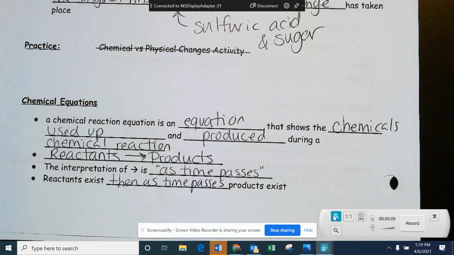Often that's not the case, and it actually takes quite a bit for the products to be produced. Sometimes you have to add a lot of pressure or heat to actually get those products perfectly, but this is the ideal situation: reactants, time, products.